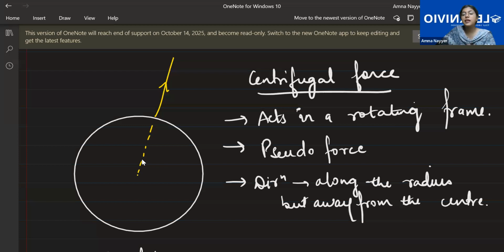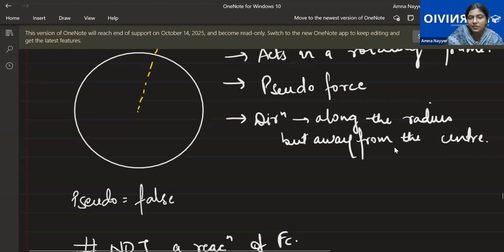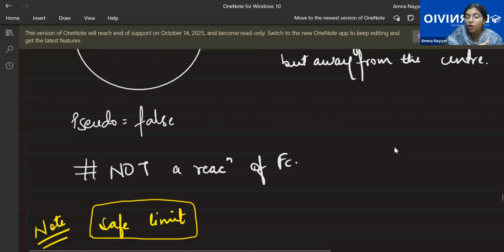But don't think these are action-reaction forces. The magnitude is mv square by r, and the directions are exactly opposite, so it appears as if they are action-reaction. It acts in a rotating frame. It's a pseudo force, and it's not a reaction of the centripetal force. Just have this in mind.